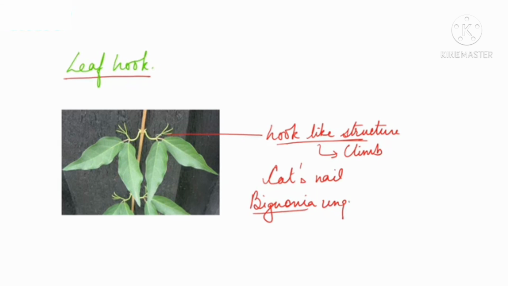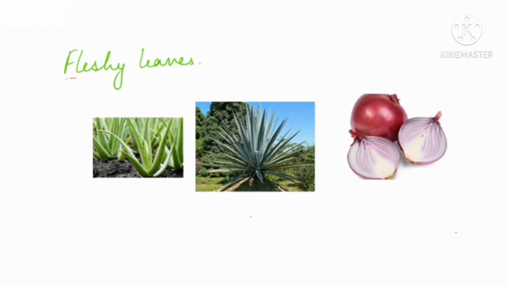And next are scale leaves. Some leaves are fleshy or scales, as in the case of onion and ginger. They are dry and thin, or thick and fleshy, non-photosynthetic leaves.